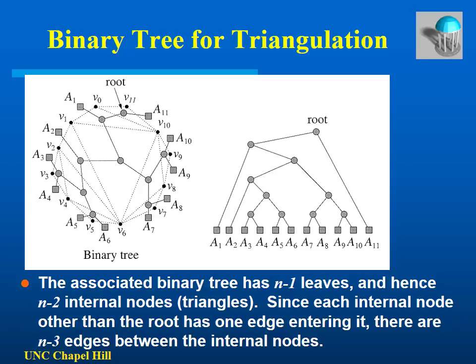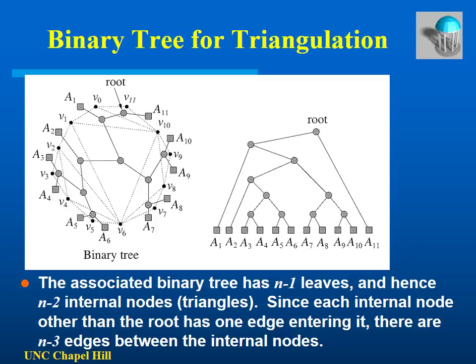But there's a theorem about binary trees that a binary tree with n minus 1 leaves has n minus 2 internal nodes. But the internal nodes here correspond to the triangles, and therefore we know that there are n minus 2 triangles.